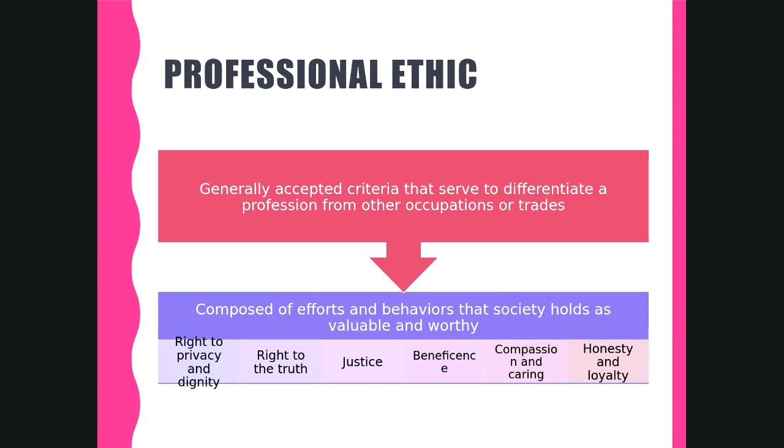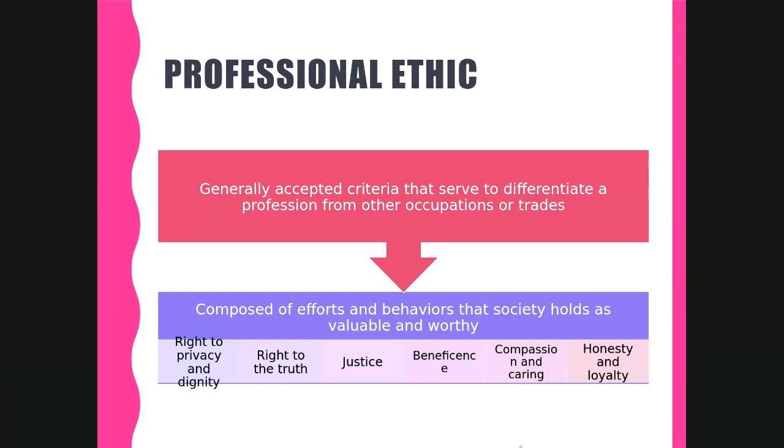They also point out that it's composed of efforts and behaviors that society holds as valuable and worthy. And they reference such things as the right to privacy and dignity, right to the truth, justice, beneficence, compassion and caring, honesty and loyalty.